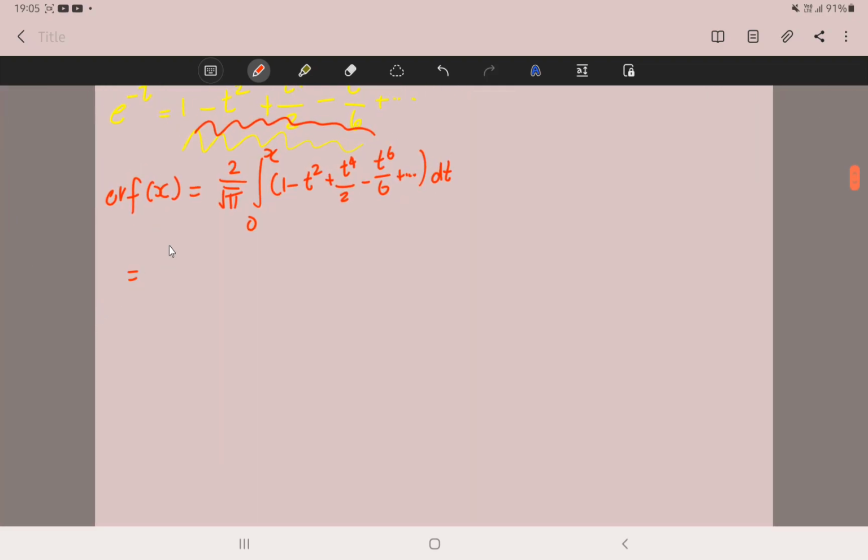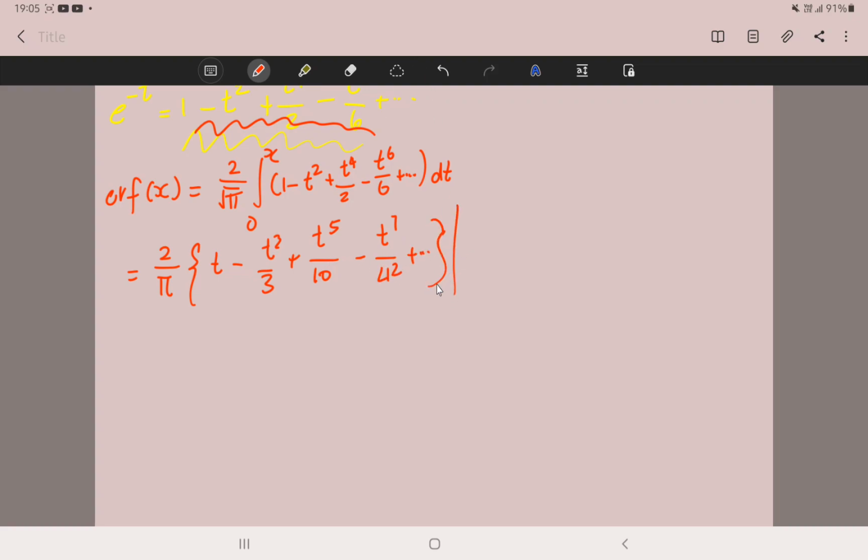So let's integrate the function here. It is t minus t cubed over 3 plus t to the power of 5 over 10 minus t to the 7th over 42 plus dot dot dot.